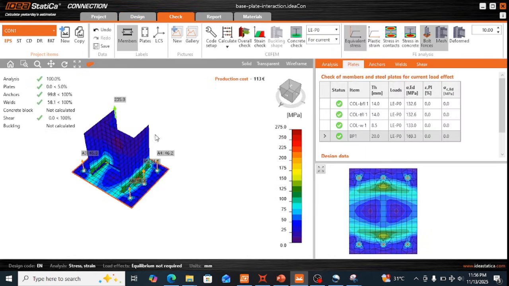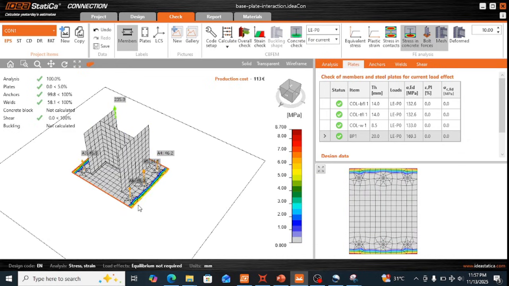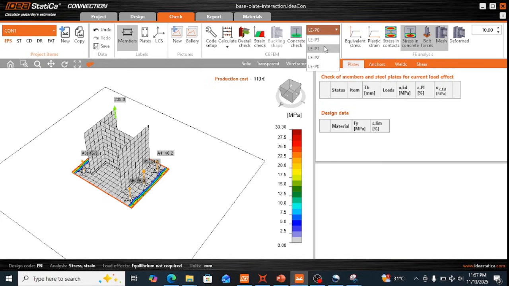Fine. So the output results are displayed over here, and this is for LEP0, wherein you will find that the column is subjected to only axial tension. If you want to see the stress distribution in concrete, here you will find that only the edges are in contact, and in a similar way you can also find the stress distribution for other combinations, for example P1. So we can just press here.